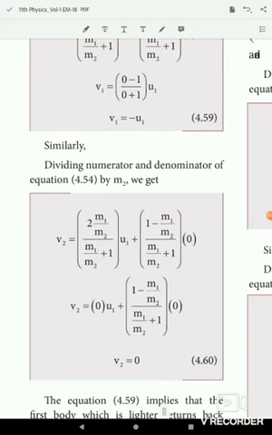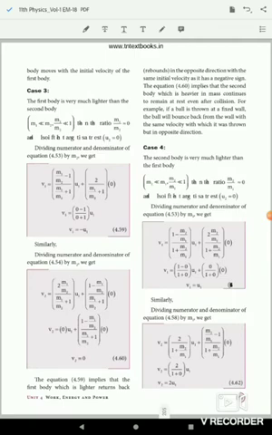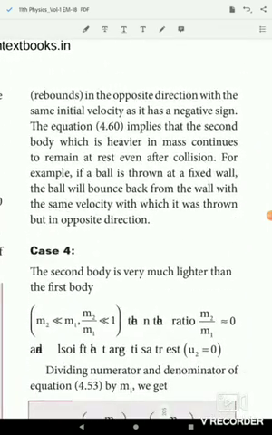Dividing numerator and denominator of the equation, you get v2 = 2(m1/m2)/(m1/m2 + 1) into u1, which is 0. So v2 equal to 0, and v1 is in the opposite direction with the same initial velocity, as it has a negative sign.